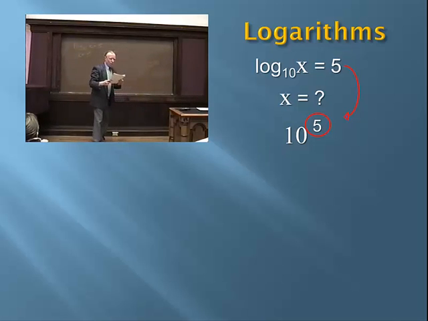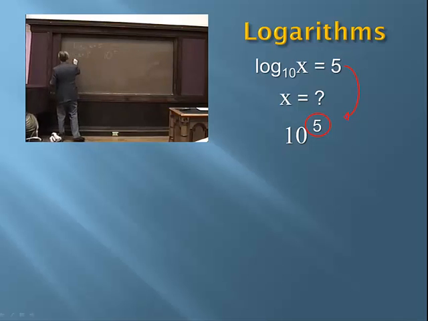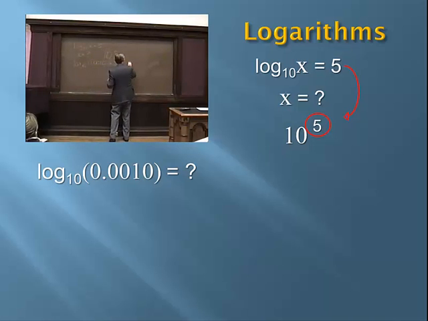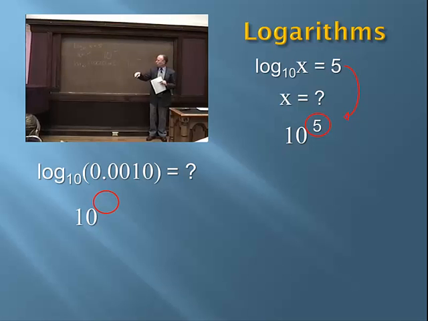The next question was the log to the base 10 of 0.001. Well, let's see here. What are we really asking? We're asking what power would I have to raise 10 to give me that number?